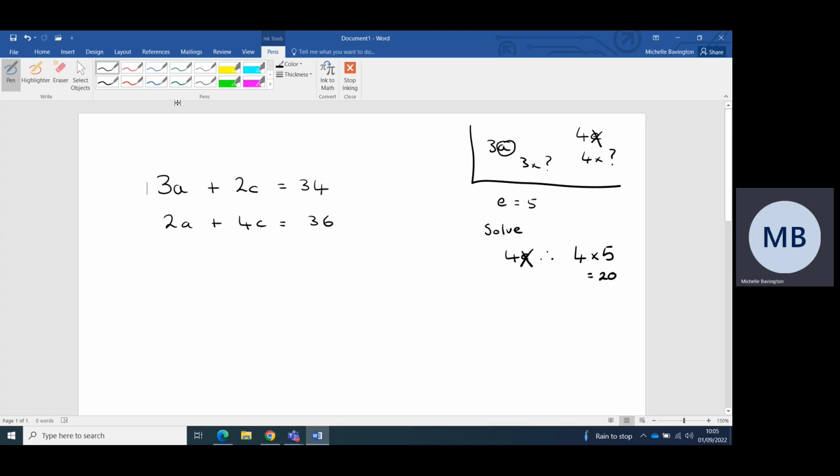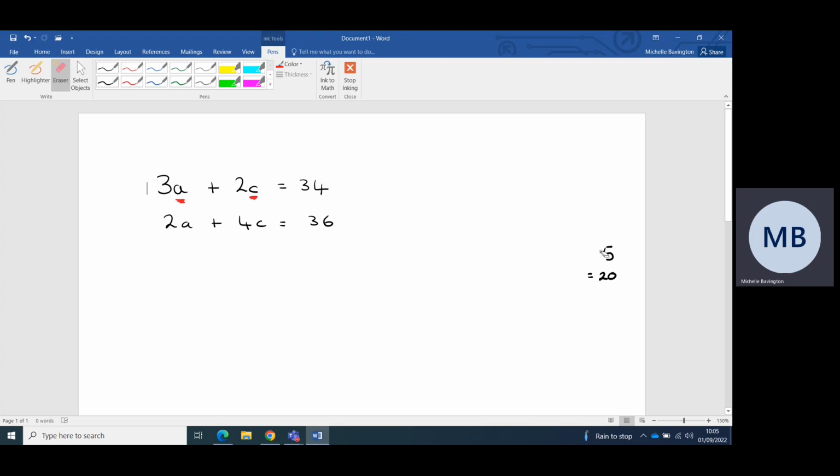But in a simultaneous equation, we don't know the value of the c or the a. So working it out, we can find out what the value of c is and what the value of a is, or any other letter. Okay, so that's just a bit of background, but we do go into that in class, so don't worry about that.